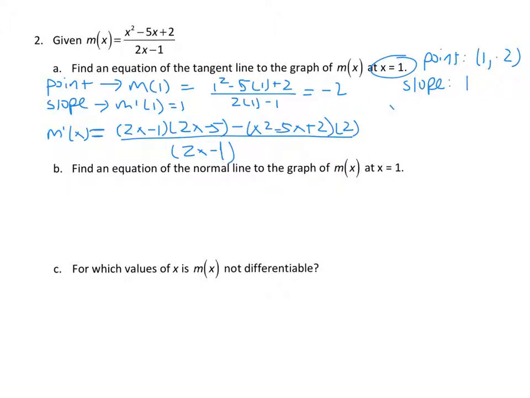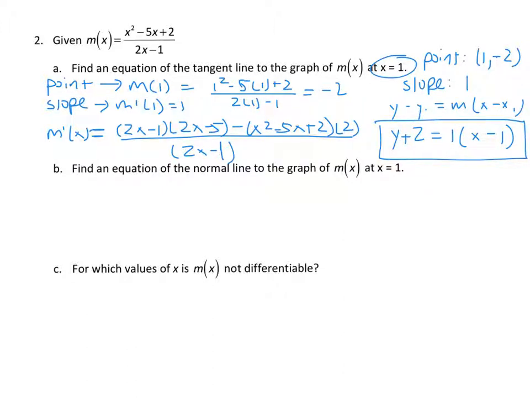So now I'm going to use point slope form. y minus y1 equals m times x minus x1, and that is y minus -2, which becomes +2, equal to 1, that's the slope, times x minus the x-coordinate of the point, x minus 1. And there is the equation of the tangent line.